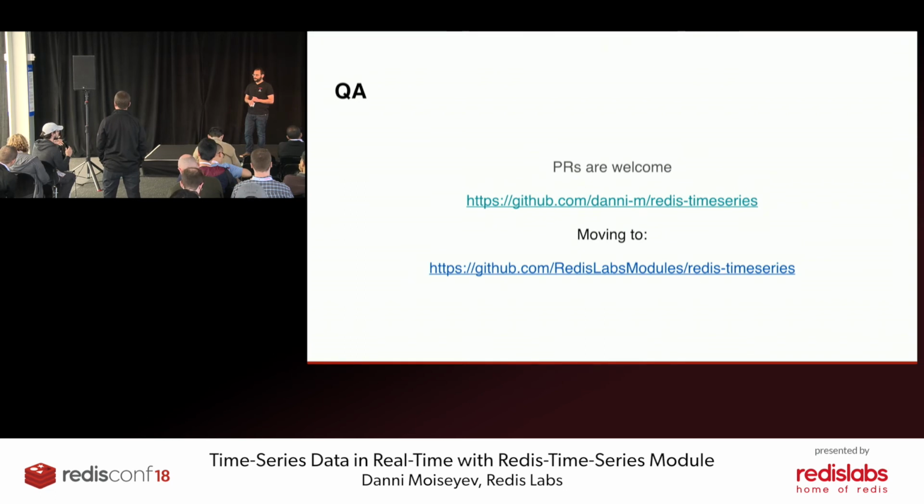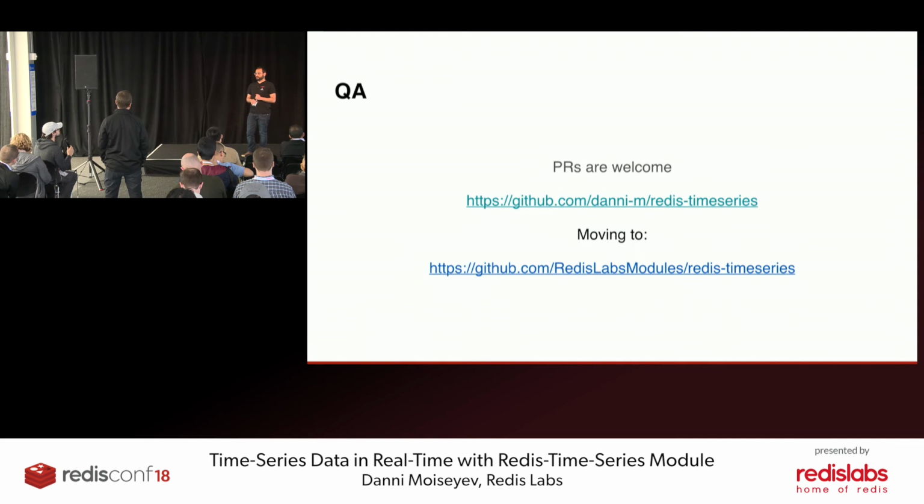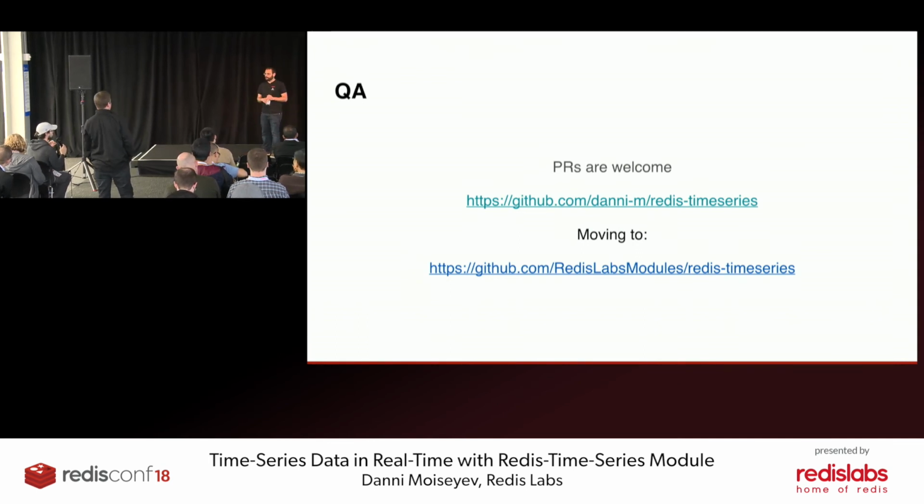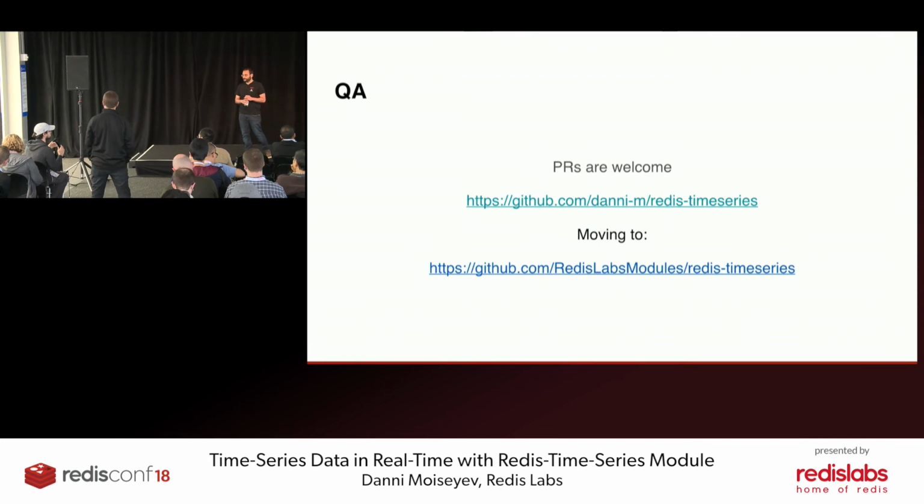Like, can I as a pub-sub channel subscribe to anomalous behavior of time series when you enter samples? So the question is if we can do real-time detection. And my question is, is that something you've thought about, or is it something that's potentially in the future scope of this or a similar module?